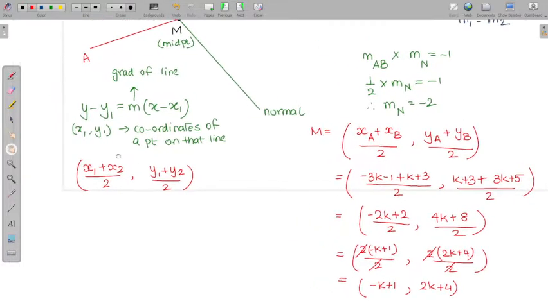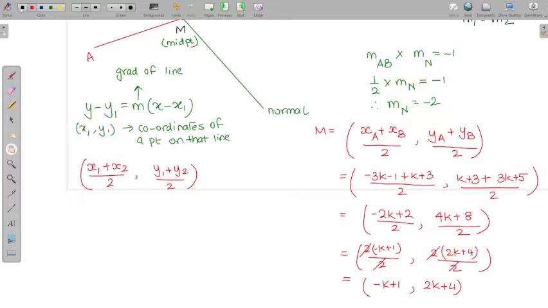So now let's put the expressions in this formula. To find the equation of the normal, it will be y minus the y coordinate of the midpoint, which is 2k plus 4, equal to the gradient of the normal, which we found was minus 2, bracket x minus x1, which represents the x coordinate of the midpoint, which is minus k plus 1.